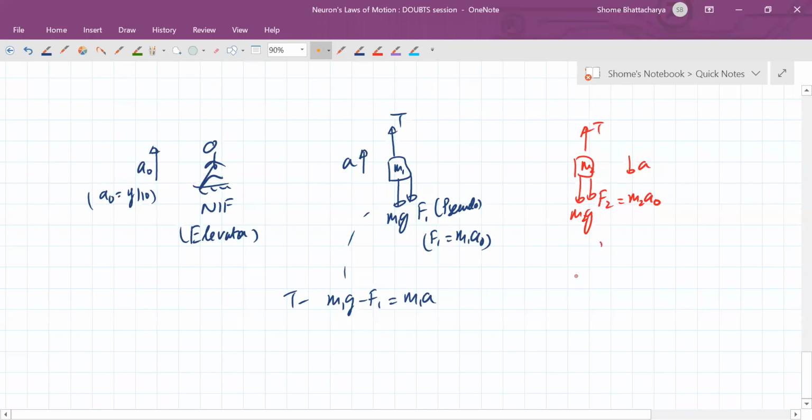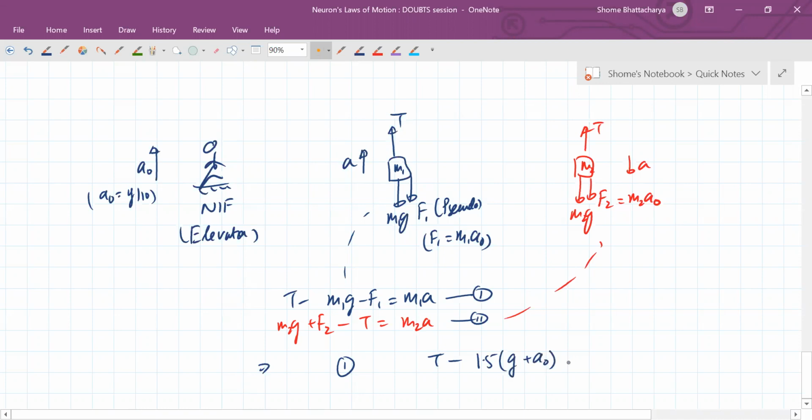And for this one the equation will become, okay, so now let's just substitute the values. Equation 1 will become T minus M1, which is 1.5 kg, into g plus a naught, is equal to 1.5a, and the second equation will become 3 into g plus a naught minus T is equal to 3a.